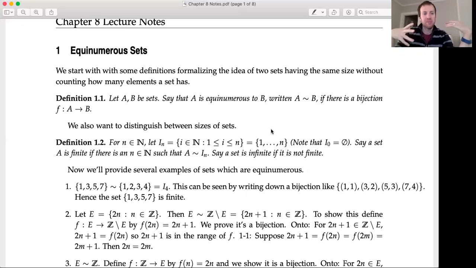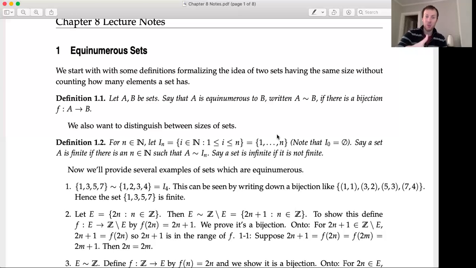So what this suggests is proving something is finite is actually kind of complicated. We have an intuitive idea, but this says no matter which one of these sets you look at, and no matter what function you try, you won't find a bijection.